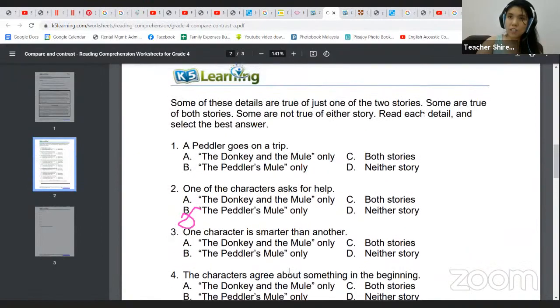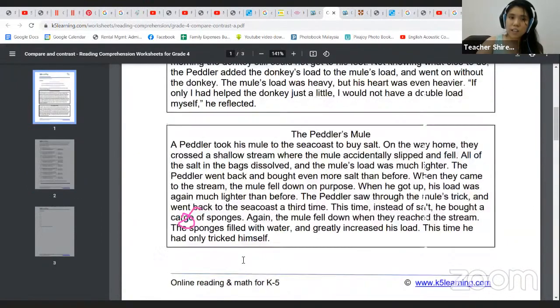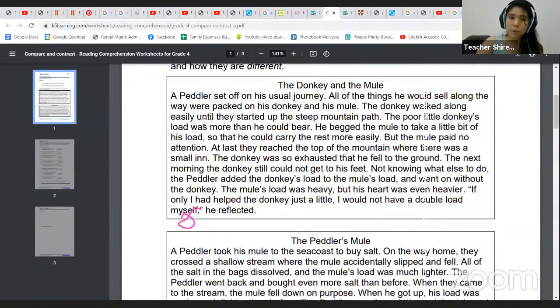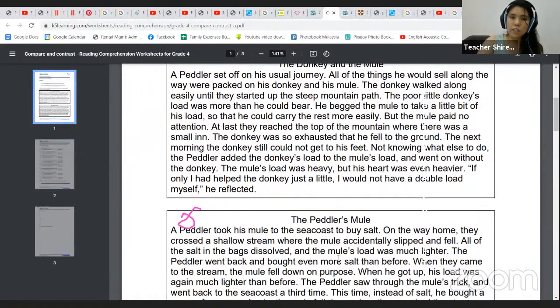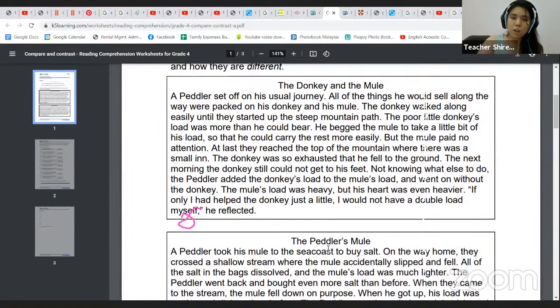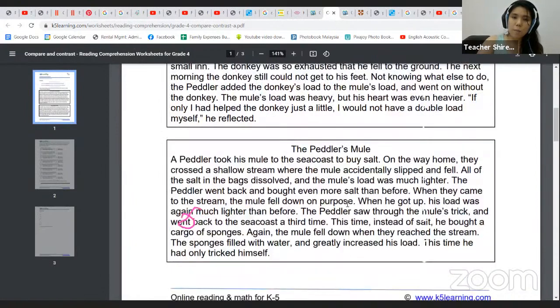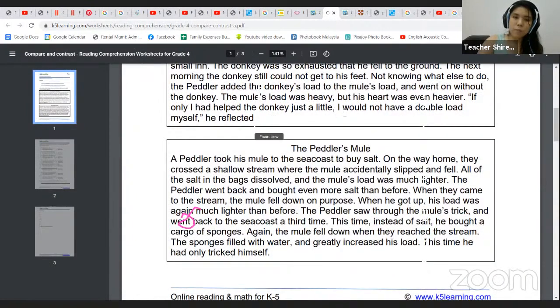Any questions? Okay, alike is like both of the stories say that a peddler actually went on a journey. Both is alike. What is alike is that in both stories the mule regretted what he did.